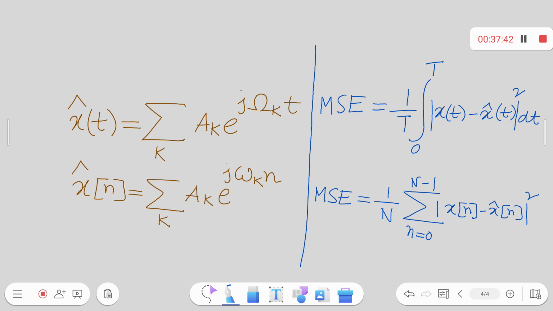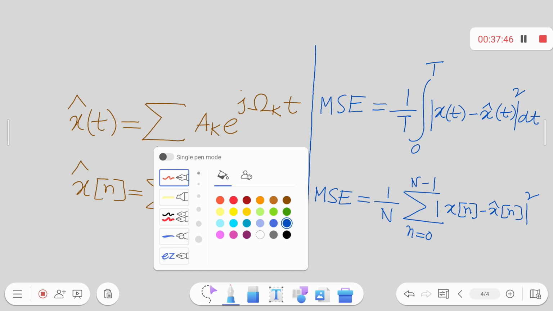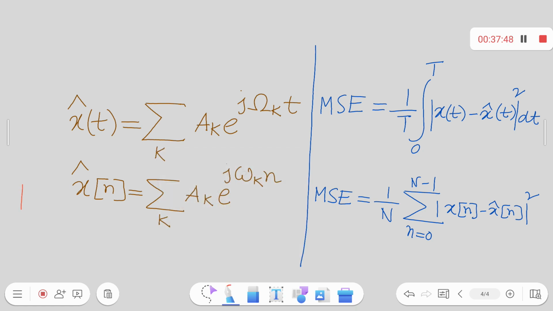They are defined as periodic signals. Let me just give you some diagrams. For example, this can be a periodic signal, this can be a periodic signal, this can be a periodic signal. So they could be defined as periodic signals, x of t.